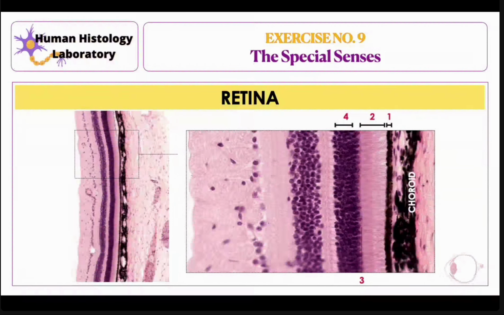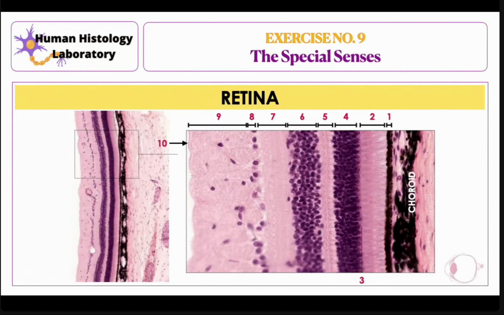Then we have the outer nuclear layer, the outer plexiform layer, the inner nuclear layer, inner plexiform layer, the ganglion cell layer, optic nerve fiber layer, and the inner limiting membrane.